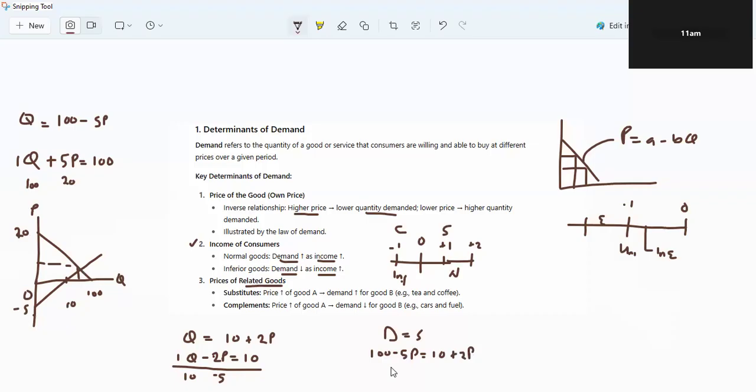So when this one comes to this side, it will be 100 minus 10. And this one will be 5P plus 2P. What do we get? 7P on the other side. So you make P the subject.